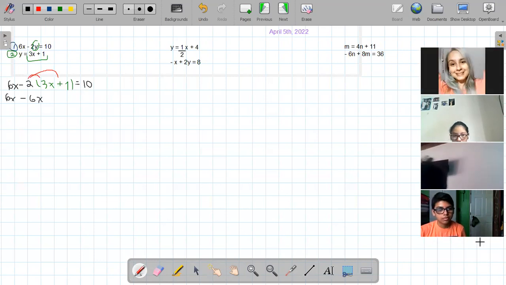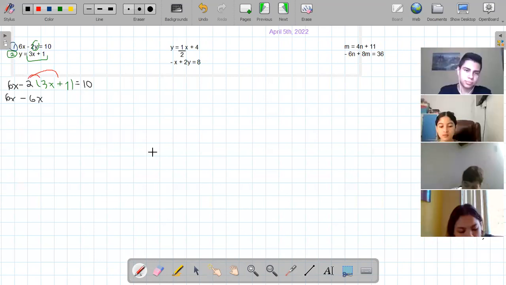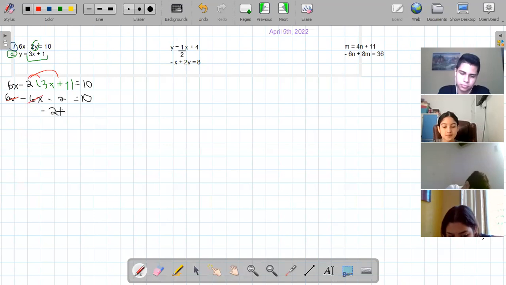Negative 2 plus 1? Negative 2. Negative 2 is equal to 10. Now we simplify 6x minus 6x. 0. Zeros, or I can cancel them out. What do I have left? Negative 2 is equal to 10.